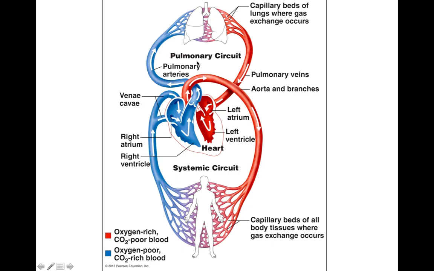When you're looking at the pulmonary circuit, the arteries will carry the oxygen-poor blood, and the veins will carry oxygen-rich blood. And you may be a little bit confused as to the terminology with the arteries and veins and what is oxygen-rich and what is oxygen-poor.